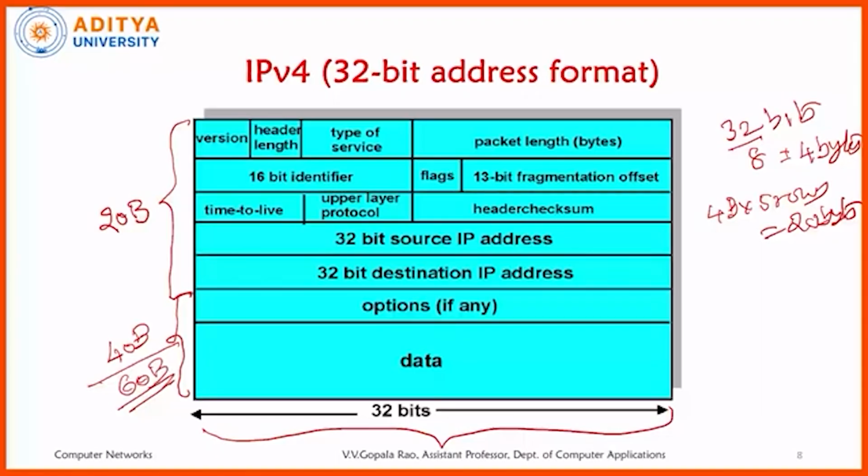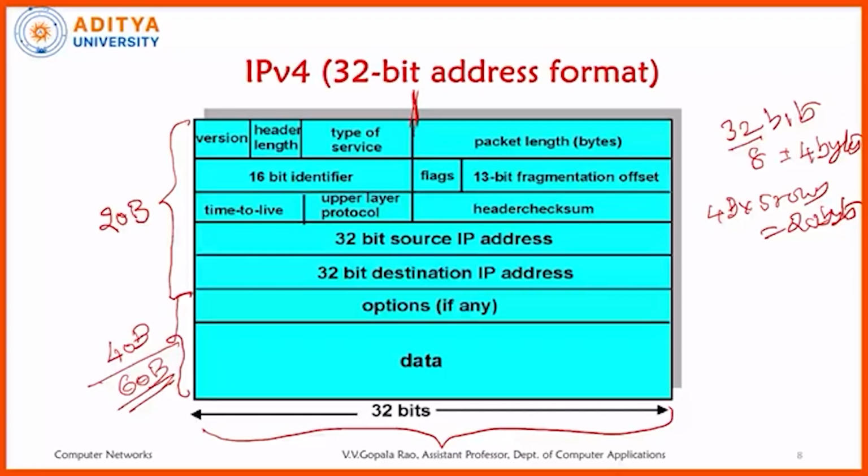That is shown in this actual frame format. Now you see there are a number of fields, and if you see this particular partition, it is exactly half of the 32 bits. That means on the left side you find 16 bits, and on the right side there are 16 bits, totally 32.